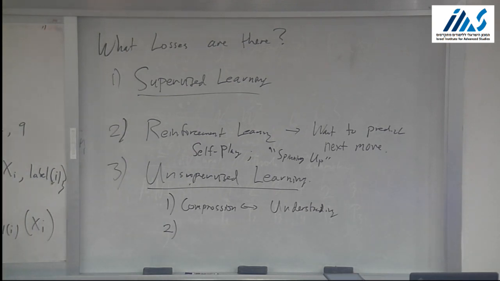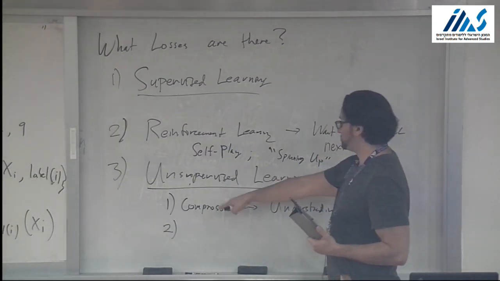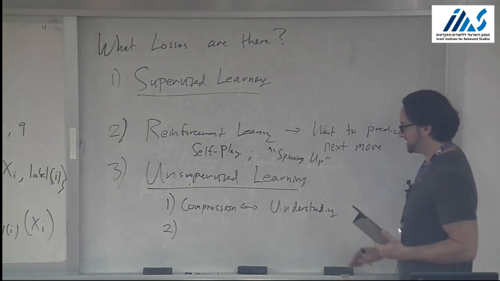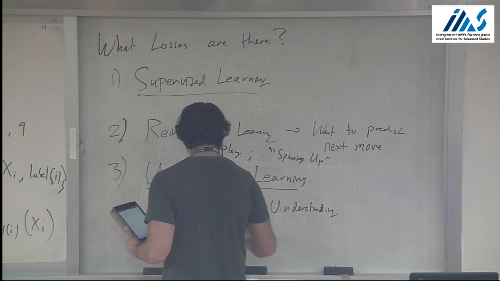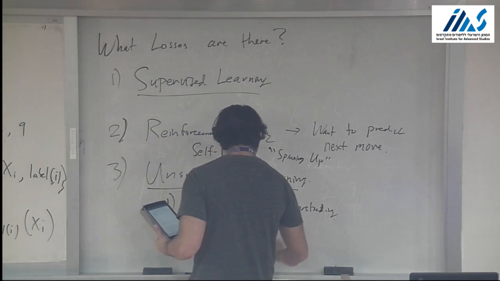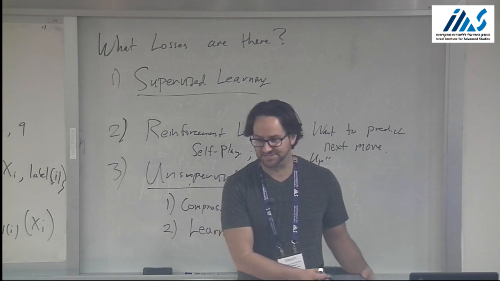Another thing that you can do to try to turn this into an even more precise problem is you can try to learn P of x, by which I mean the probability distribution of the data.